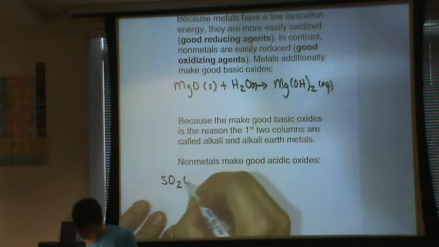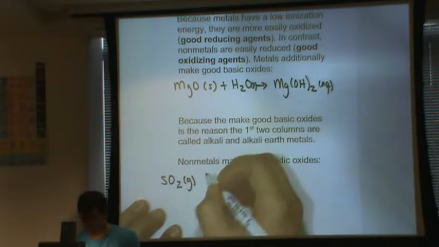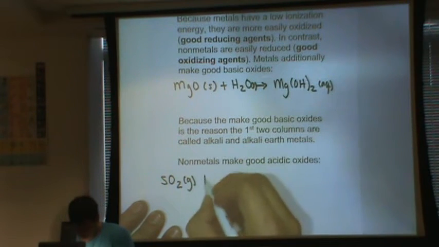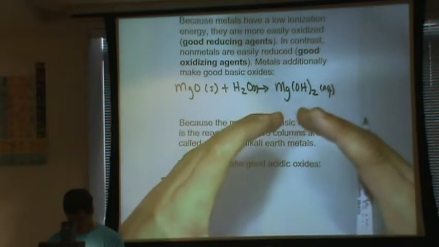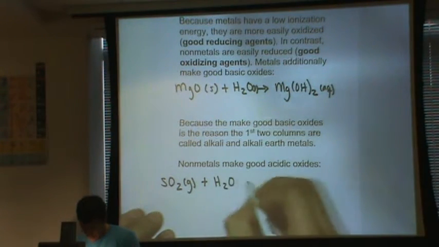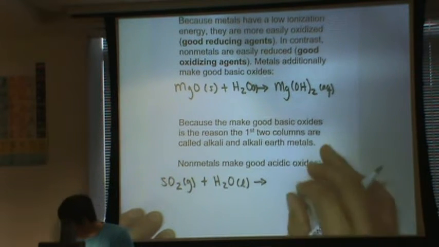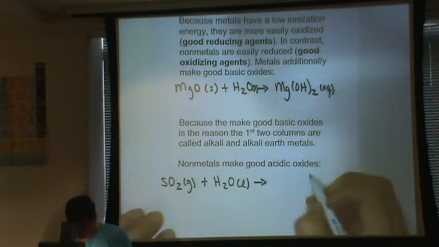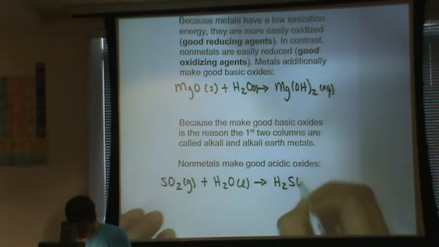This is a gas. It smells absolutely awful, and I do mean absolutely awful. If we were to bubble sulfur dioxide into a beaker of water, you form the oxyacid for that gas. So in this case, we would make sulfuric acid, H2SO4.